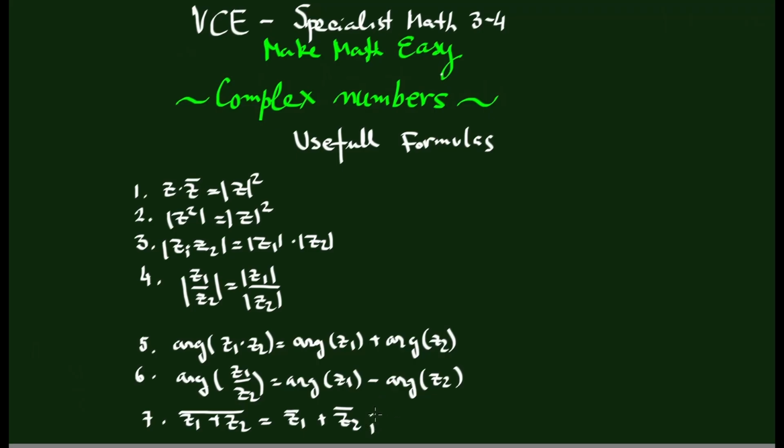And also one more, the 8th one: the conjugate of z1 times z2 equals the product of the conjugates. So that's all our useful formulas.